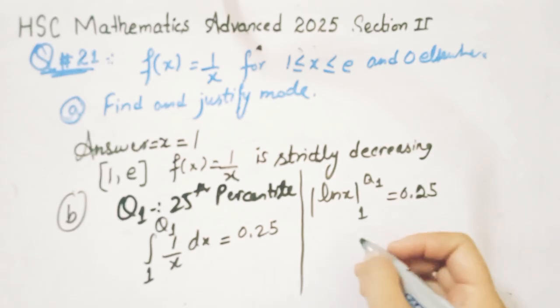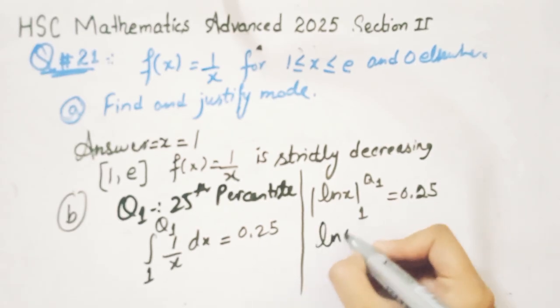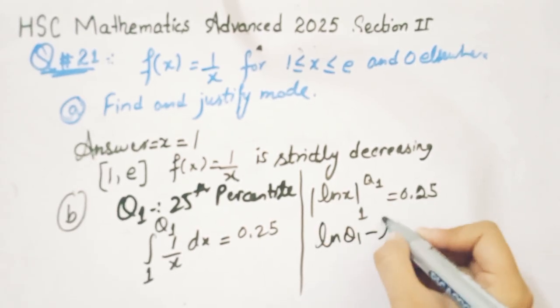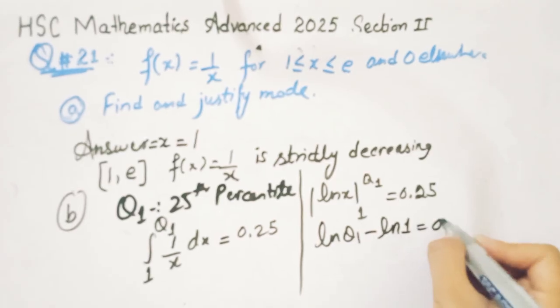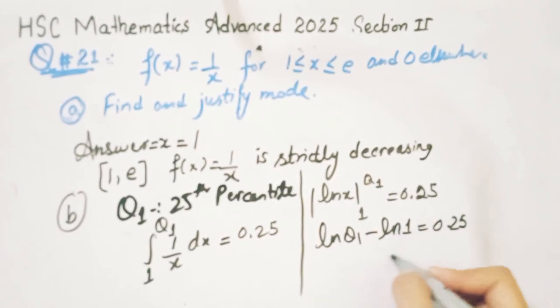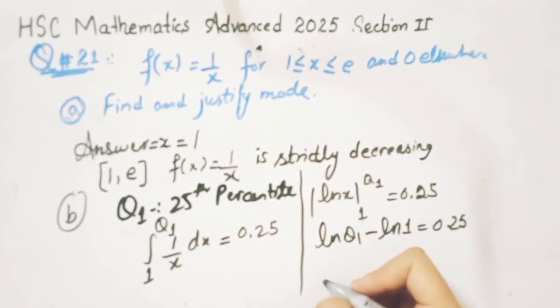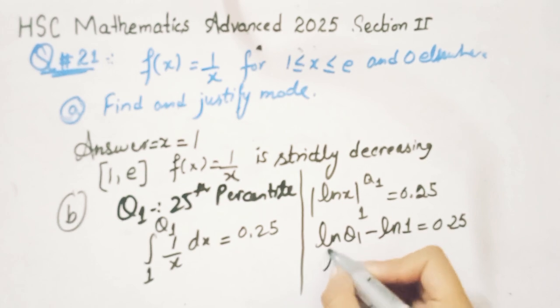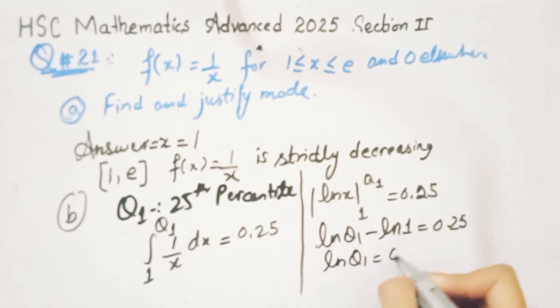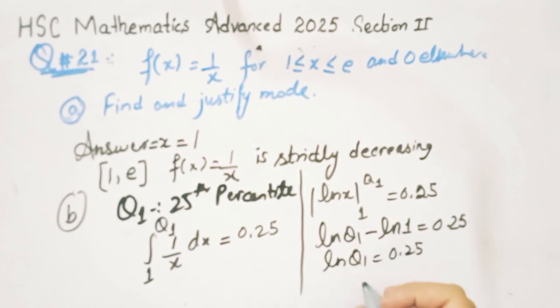Now you have to find ln Q1. So ln Q1 minus ln 1 equals 0.25. ln 1 is 0. So we convert this to exponential form: ln Q1 equals 0.25, so e raised to power 0.25 equals Q1.